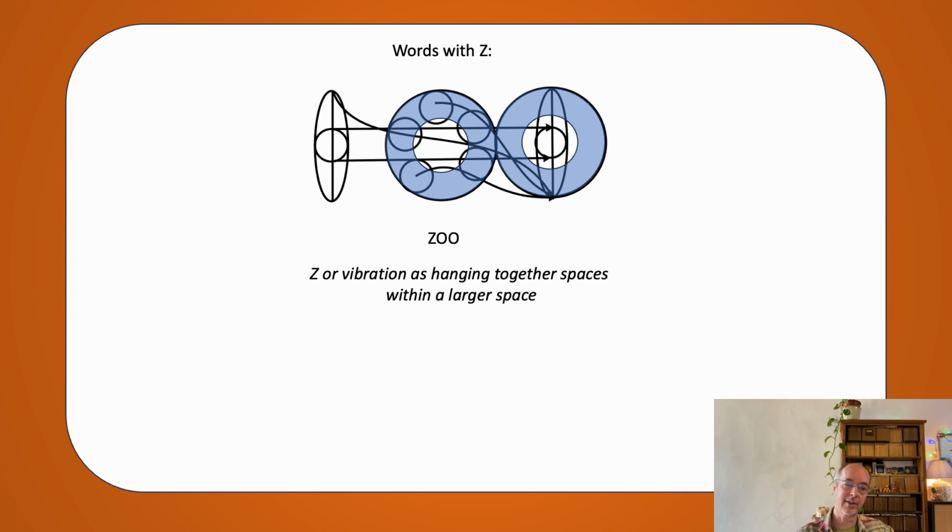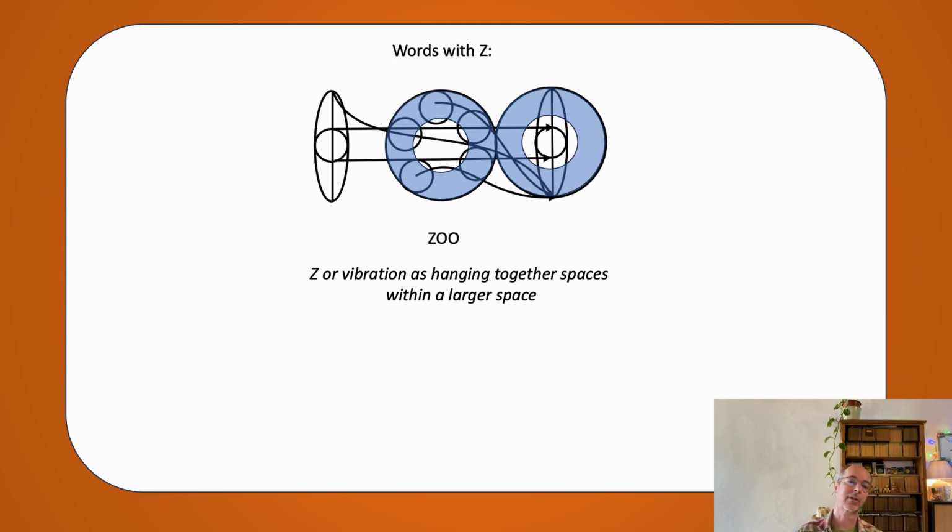The Z is of course a vibration of hanging together. The O's are also related with spaces, and here these spaces are not derived and are derived into a different content. With the N, it's without the N, it's only about spaces.